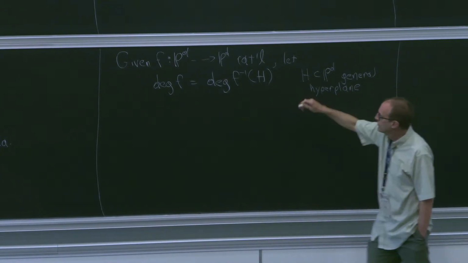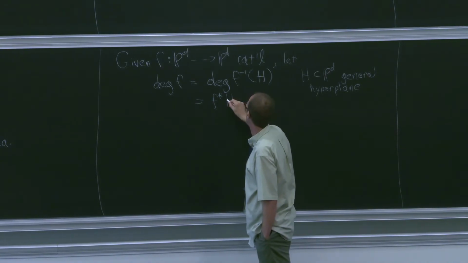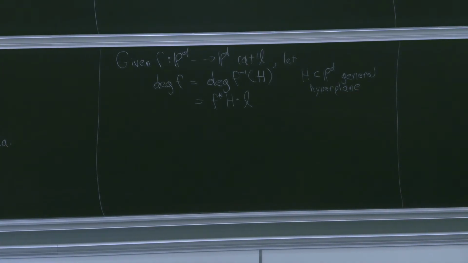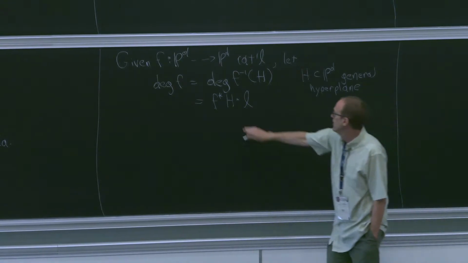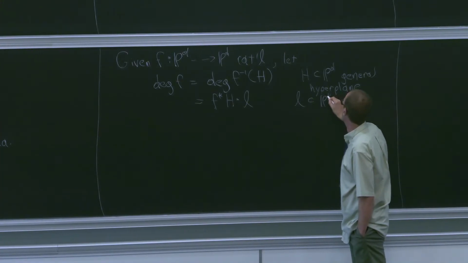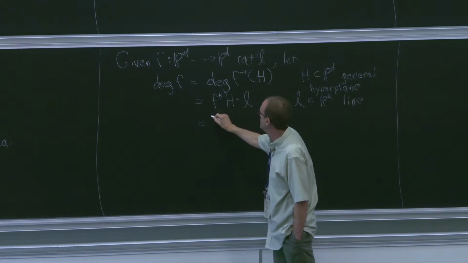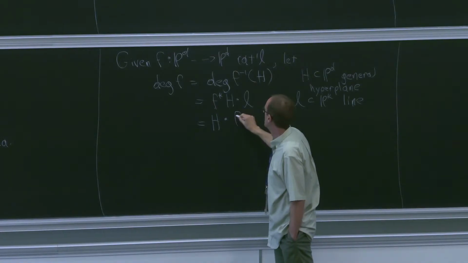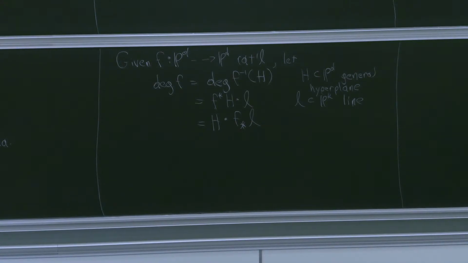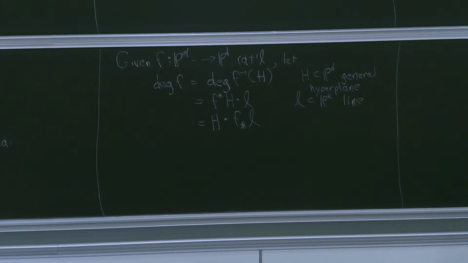Instead of thinking of the inverse image, if you don't want to say general hyperplane, if you want to say any hyperplane, you can pull it back as a divisor and intersect it with some line. Or finally, what I'm going to do is map the whole thing forward and compute the degree this way in this talk. So when I compute degrees, I'm basically going to be doing this in this talk.